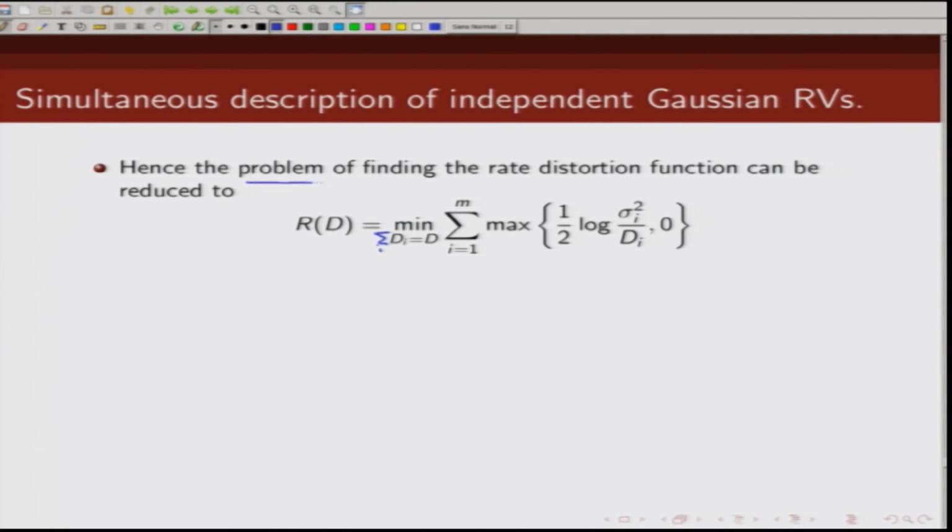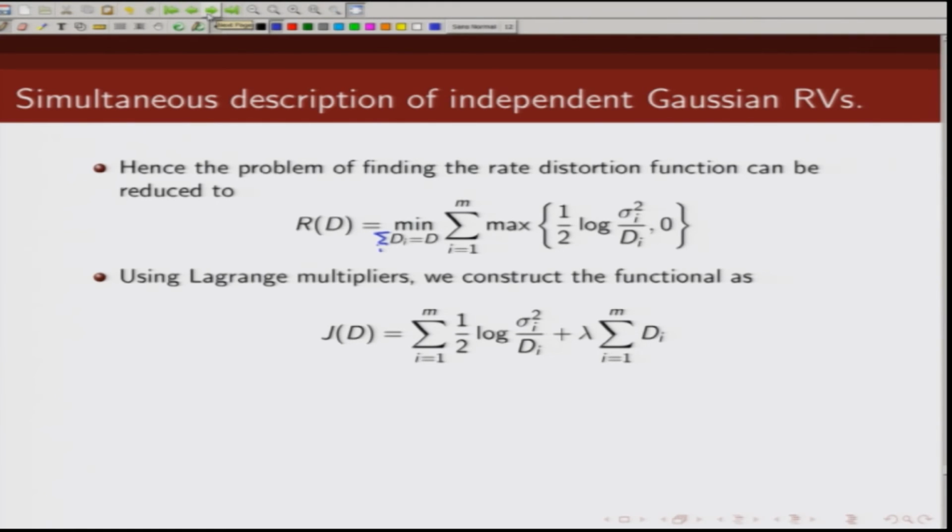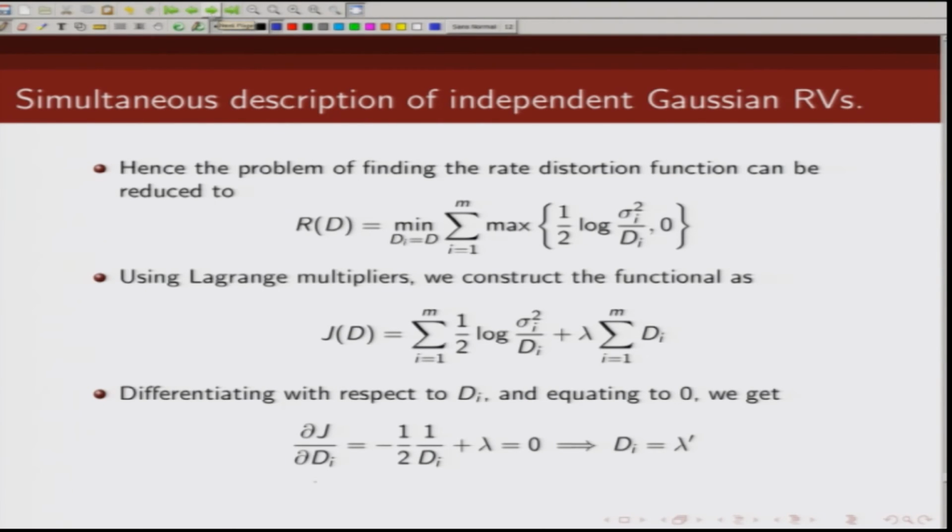So then the problem of finding the rate distortion function has been reduced to minimizing the sum of half log of sigma i square by di, or 0, for i going from 1 to m, over di, where the summation of di is basically D. Now using a Lagrange multiplier, this is our objective function and this is our constraint: the summation of di from i equals 1 to m cannot exceed D. Differentiating with respect to di, we get del J by del di as this, and when we equate it to 0, we get this condition.